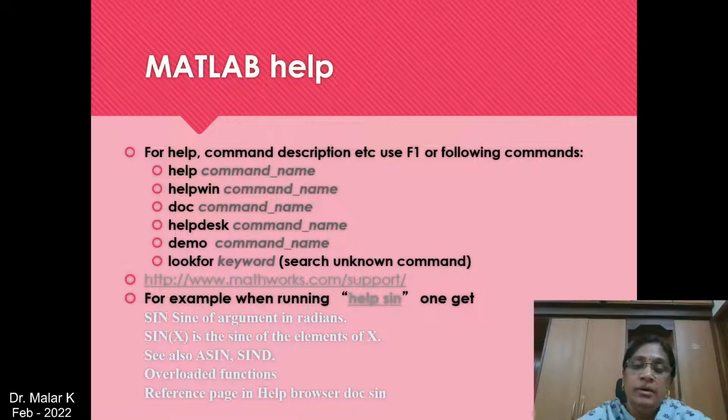For example, running help sin gives the sine of the argument in radians. sin(x) is the sine of the elements of x. We also have sind, and the overloaded functions. We also have the help browser, doc sin.